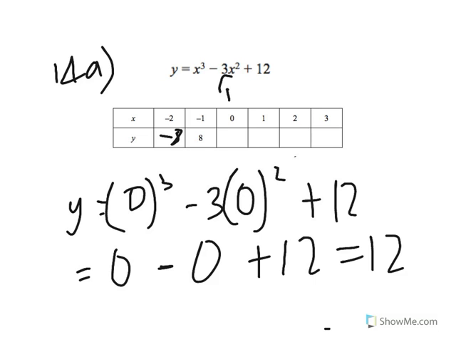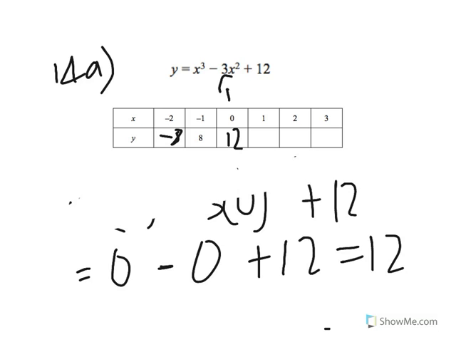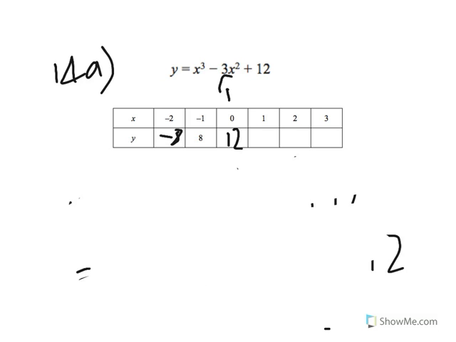So the answer is plus 12. So when x is equal to 0, y is equal to 12. And I'll just fill in the rest of the details. Yeah, so the next answers are 10, 8, and 12.